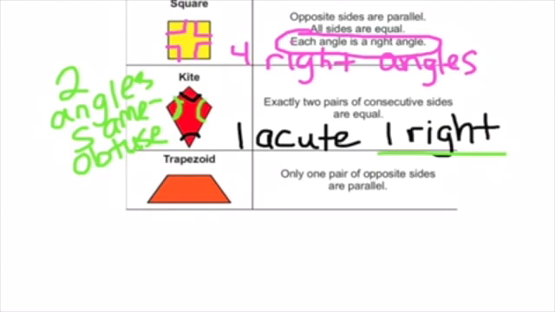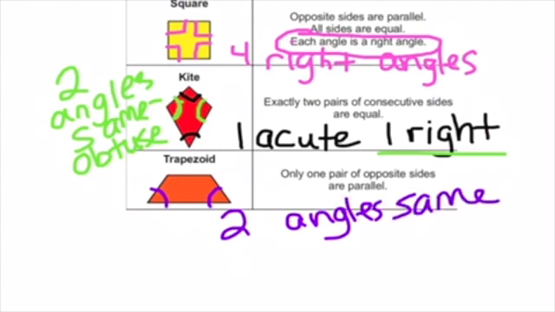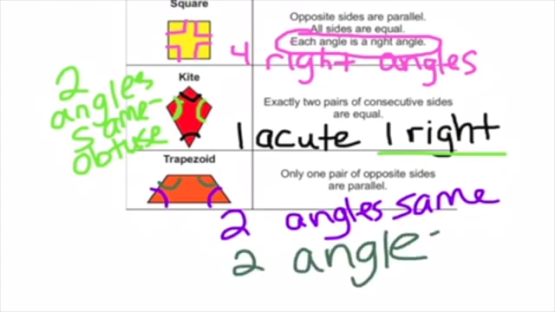Let's look at the angles with a trapezoid. These are going to be equal. So two angles are equal, or the same, and then the other two angles are equal, or the same.